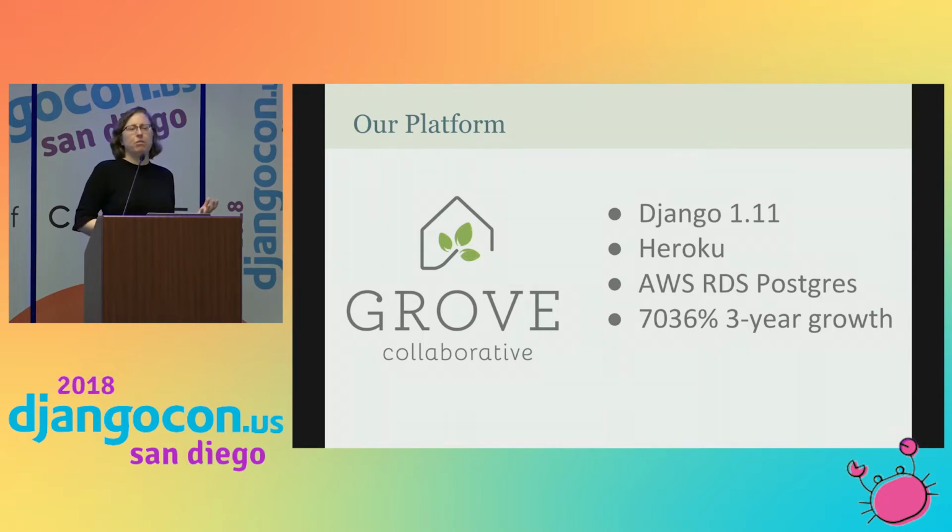And our solution for a long time has been, if the website is slow, add another read replica, and everything will be all right. But then there was that one time that we grew over 7,000% in 3 years. And adding read replicas didn't quite cut it anymore.